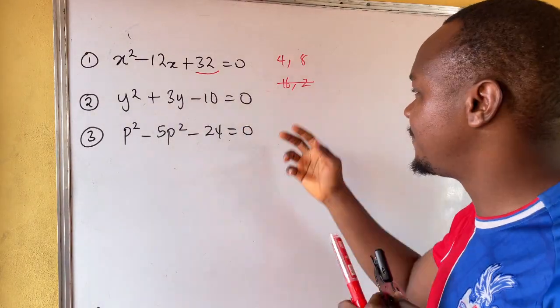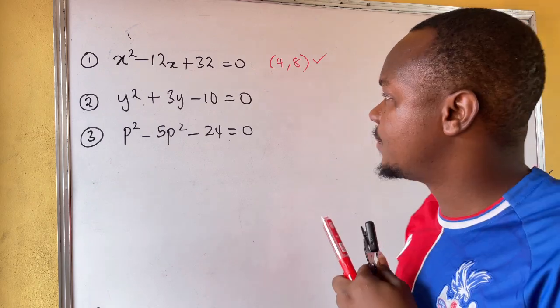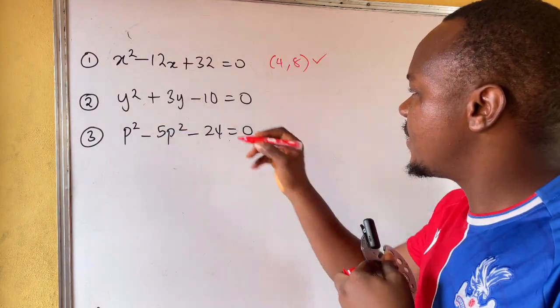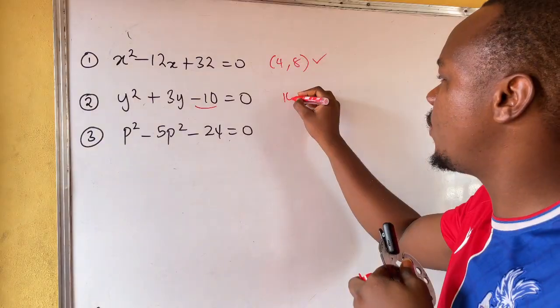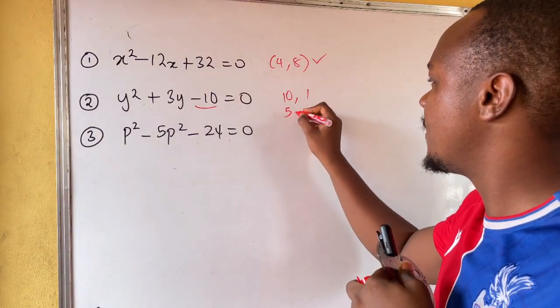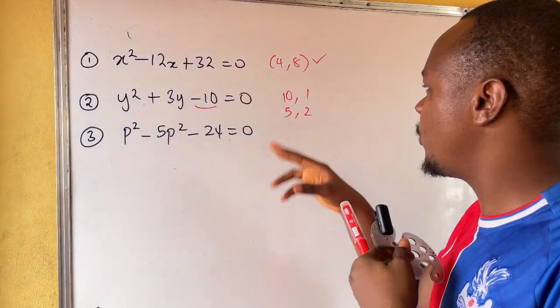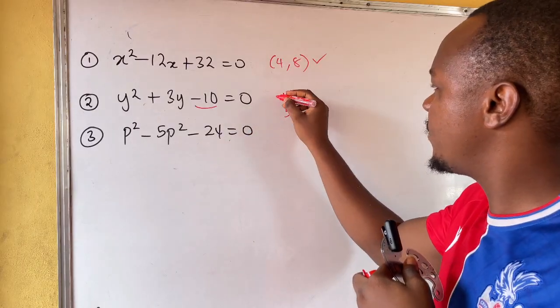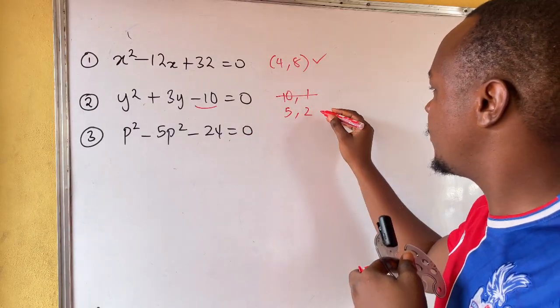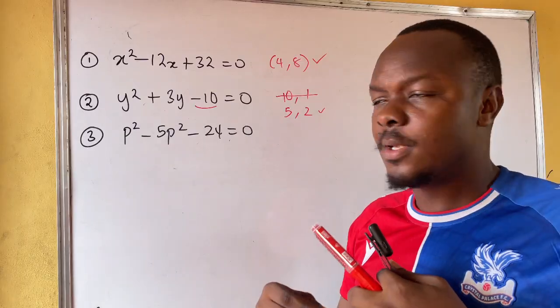Second one now. For the second one, again, we take this constant term here. Two numbers that can give us 10 when we multiply: 10 and 1, 5 and 2. Now, which one will give us 3? 10 and 1 will not give us 3, so we get rid of 10 and 1. 5 and 2 will give us 3.